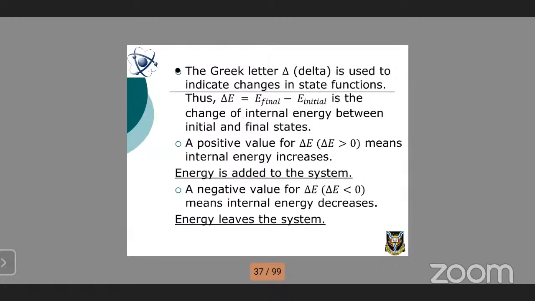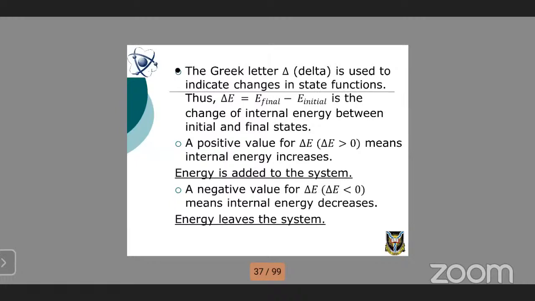And then you will see delta, that object that looks like a triangle. Delta is used to symbolize changes in state functions.